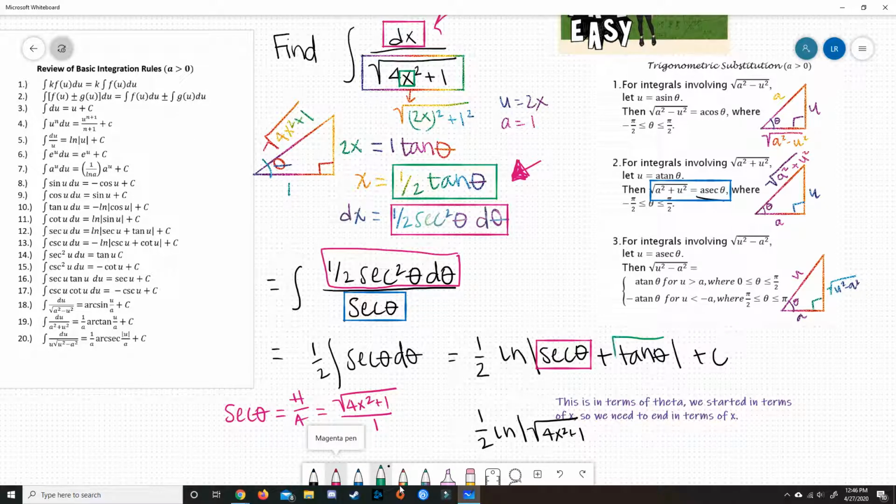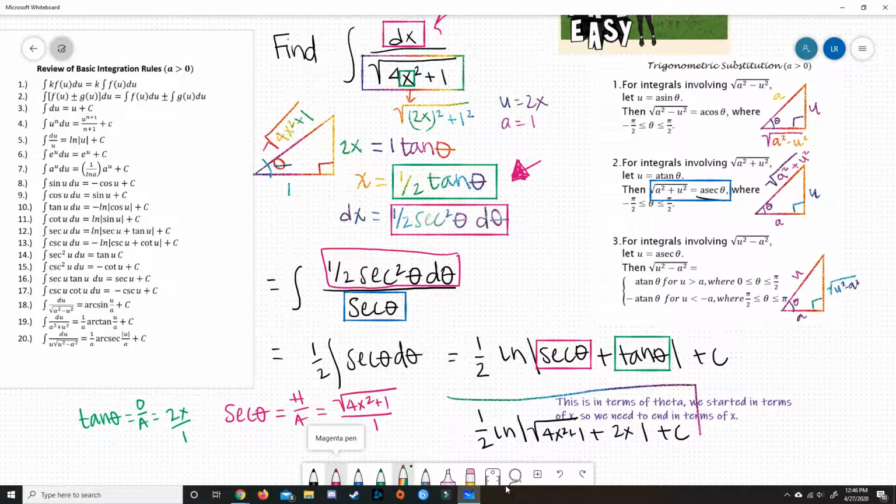Now I need to figure out, using my triangle, what is tangent, which we kind of already know, but let's go ahead. Tangent is opposite over adjacent, and our opposite is 2x, and our adjacent's 1. So we can replace the tangent with plus 2x. Don't forget your plus c in the end. And we have found the integral.